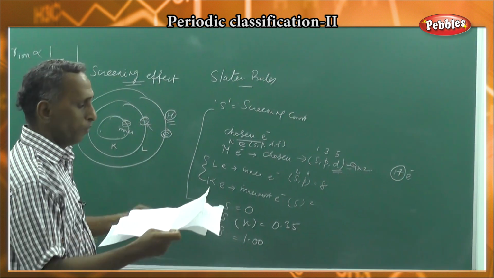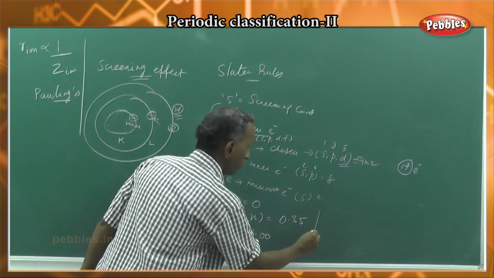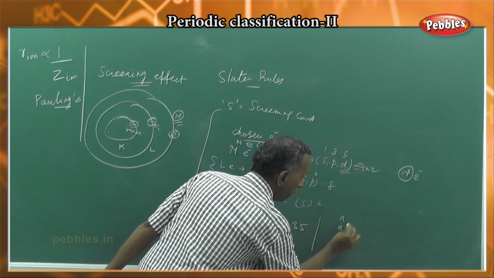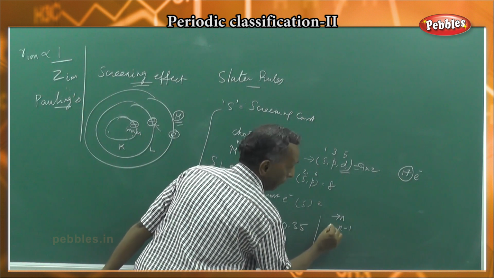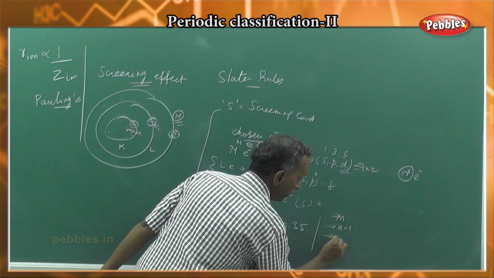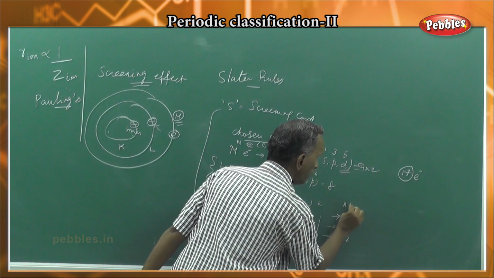All inner electrons are once again divided. You have to compare in terms of the principal quantum number. Principal quantum number n is the same shell, n minus 1 is the inner shell, n minus 2 is the innermost shell, and n plus 1 is the outer shell.